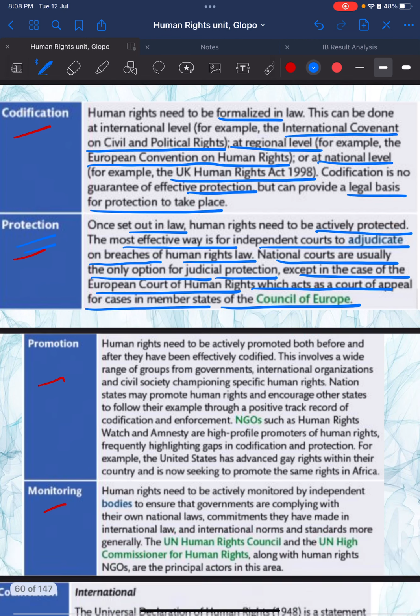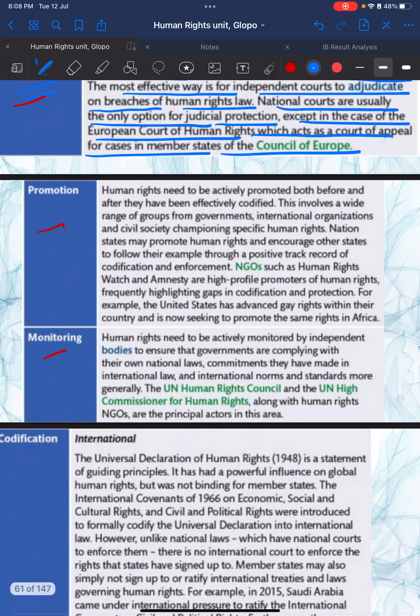Then comes promotion. Human rights need to be actively promoted both before and after they have been effectively codified. If it is not promoted, that means it is of no use. This involves a wide range of groups from government, international organizations, and civil society, championing specific human rights. Nation states may promote human rights and encourage other states to follow their example through a positive track record of codification and enforcement.